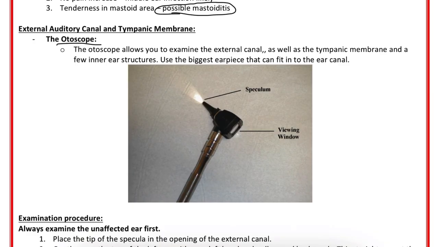The otoscope allows us to examine the external canal as well as the tympanic membrane and a few inner ear structures. You can see everything; it will be visible. We can easily appreciate it through this otoscope.